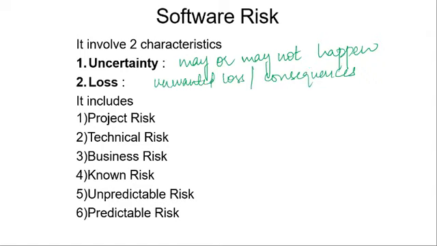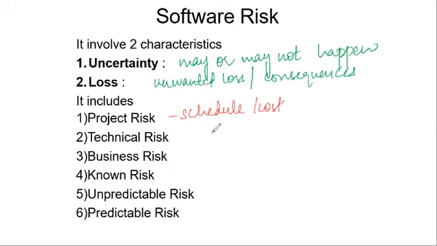The first one is your project risk. Project risk means that it might affect the schedule and the cost of the project. That is your project risk: the schedule or cost can be affected. Whereas the next is your technical risk.